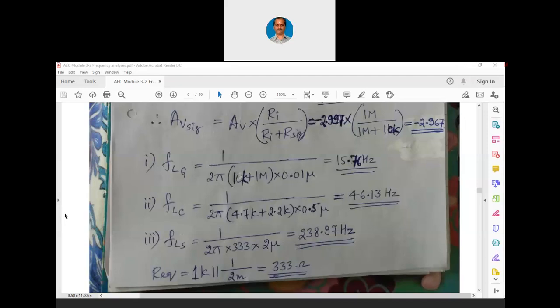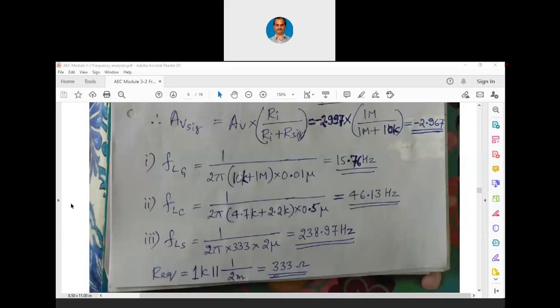So if at all we make this 2 microfarad as 20 microfarad, what is going to happen? The frequency of FLS is going to become 23.897 Hertz. In such case, the output capacitance CC will become dominant because that is going to provide a frequency of 46.13 Hertz at the lower cutoff frequency.